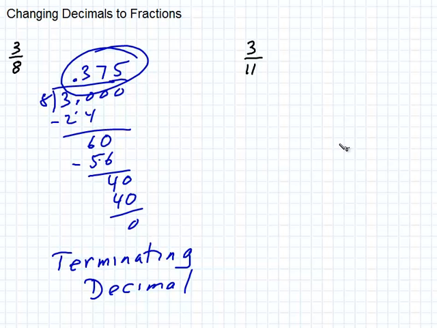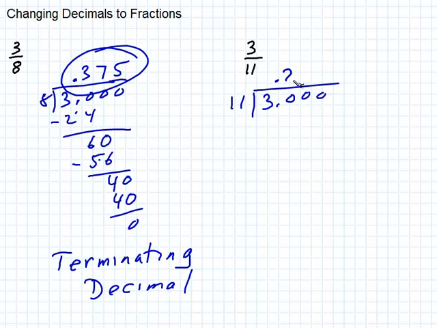Let's try this one. How do you convert it to a decimal? You do the division. So let's take 3 and divide it by 11. So put a decimal and some zeros, and put the decimal up here. How many times does 11 go into 30? Well, 11 times 3 is 33.